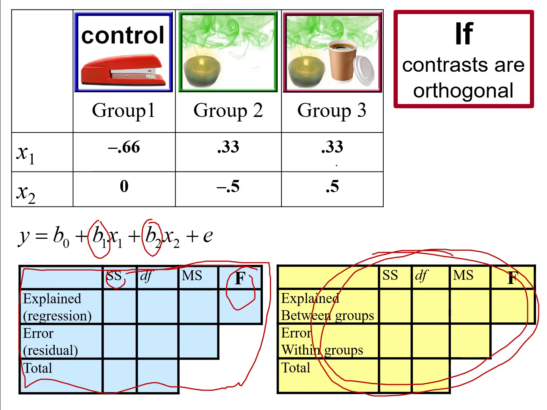So by calculating these orthogonal contrasts, it allows us to plug our contrast into a regression equation, and we get correct results for our ANOVA table. If I didn't follow the rules for orthogonal contrasts, this wouldn't work. So in order to make this all work, I need to follow these rules for orthogonal contrasts, and then when I calculate my regression equation, I get the correct values for my ANOVA table.